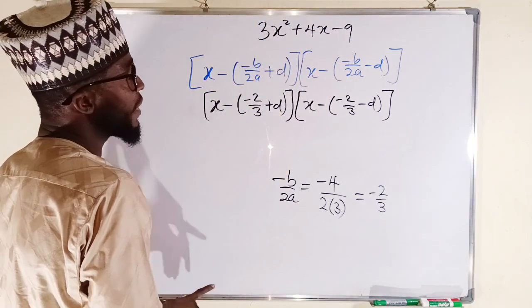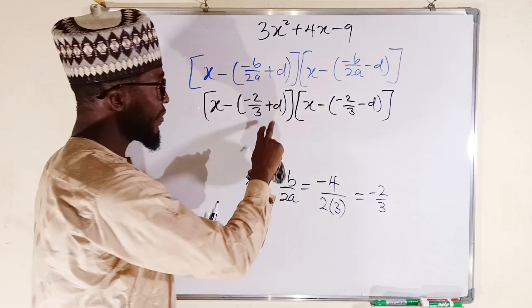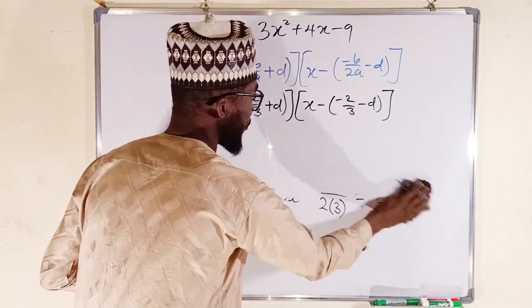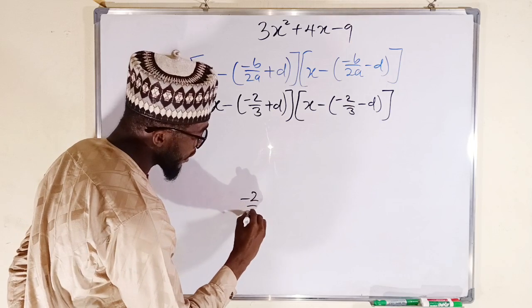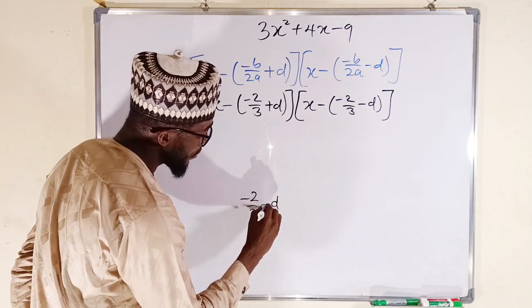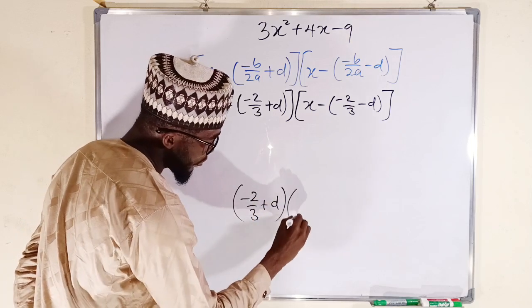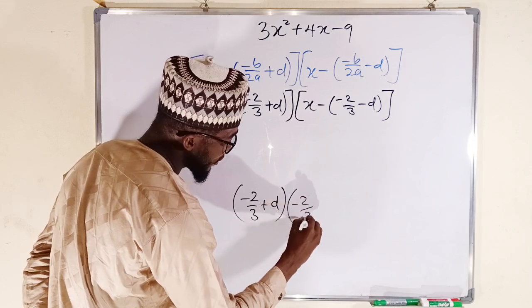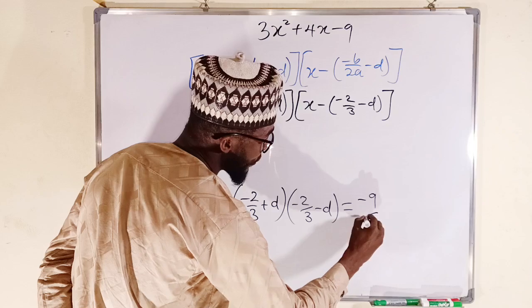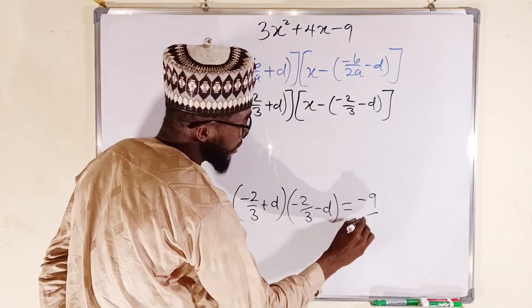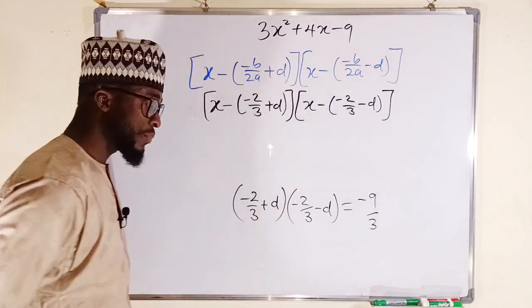Because c divided by a is what we are going to obtain after multiplying these two together. So we have minus 2 divided by 3 minus d, or plus d. Then we multiply by minus 2 divided by 3, then minus d. This will give us negative 9 divided by 3. That is c divided by a.